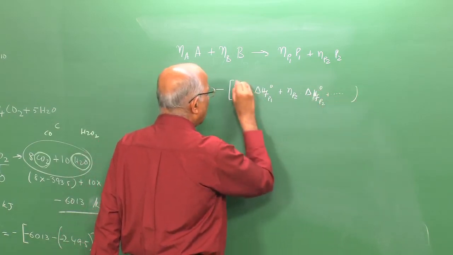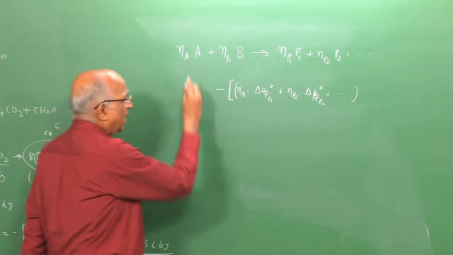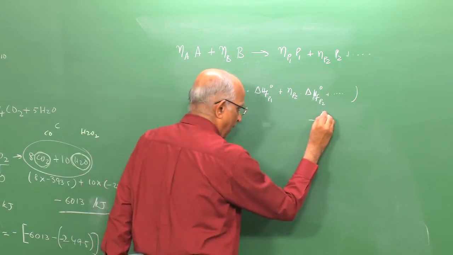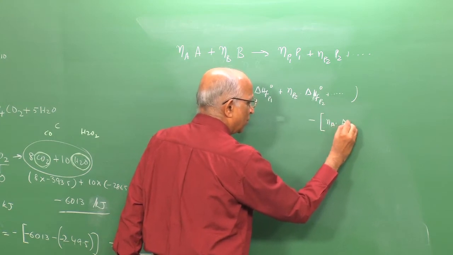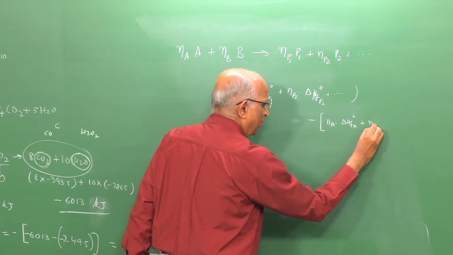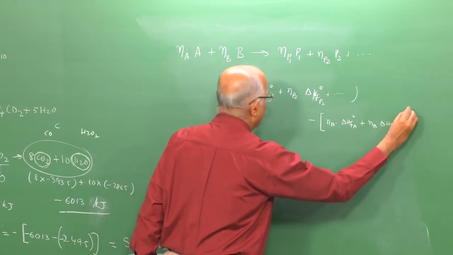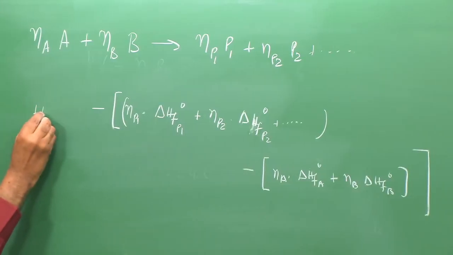This is for the products, the ones which are formed. And for the reactants, minus, in brackets, Na into the heat of formation of A at the standard condition plus Nb into the standard heat of formation of B is the energy of this particular reaction.